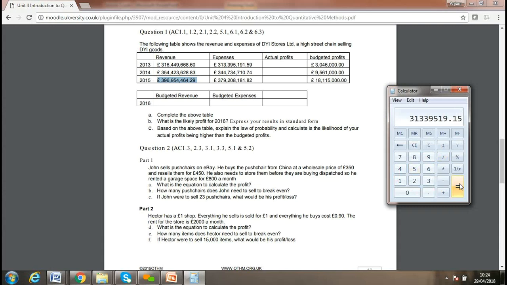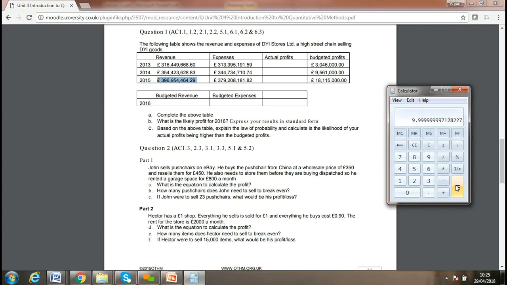So that's the change, divided by the base, which is 313,591.